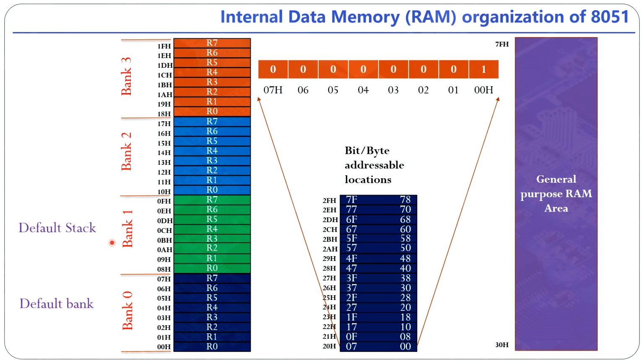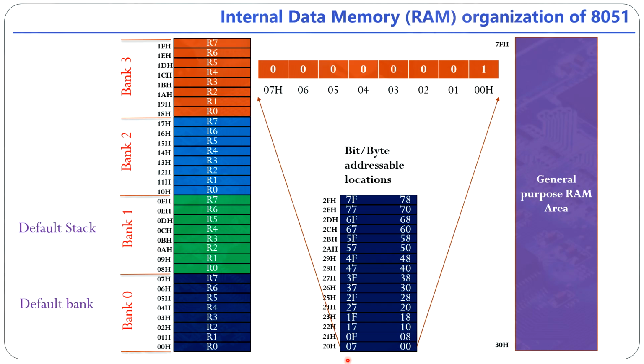Now you can see here, this is 00 to 07, right? This one 00H, 01H, 02H, 03H. You can see here, 00 to 07. This is basically 8 locations given here.